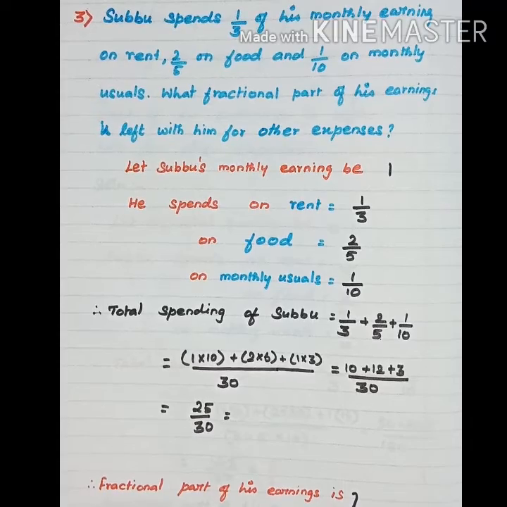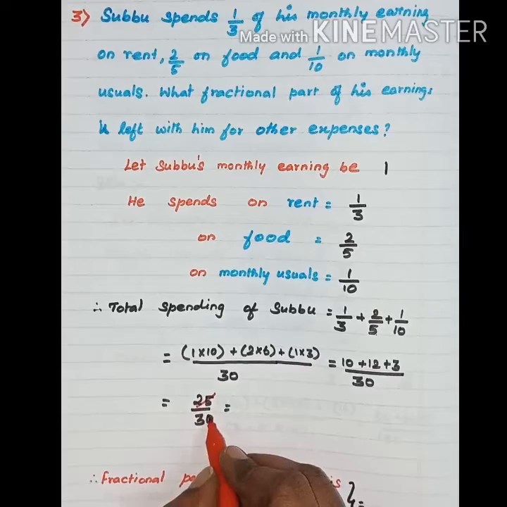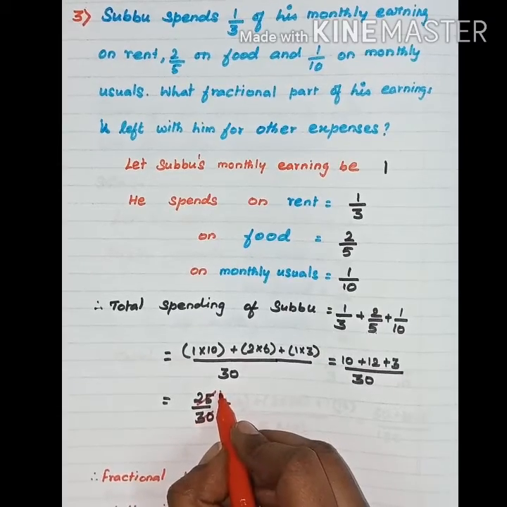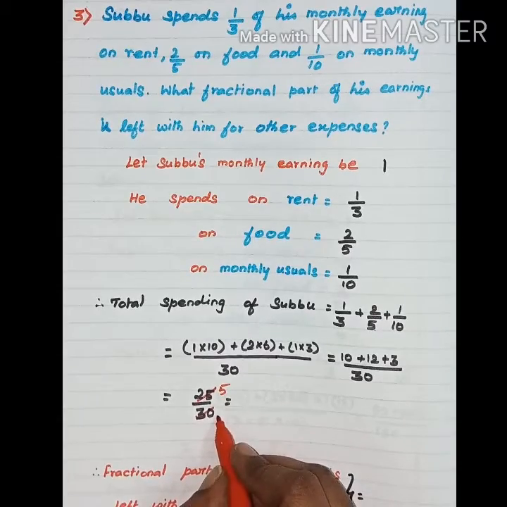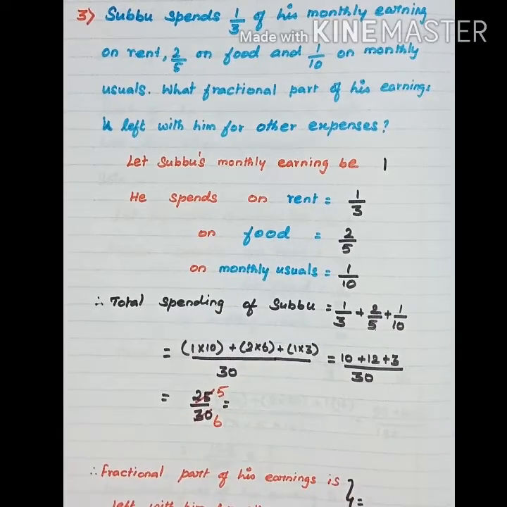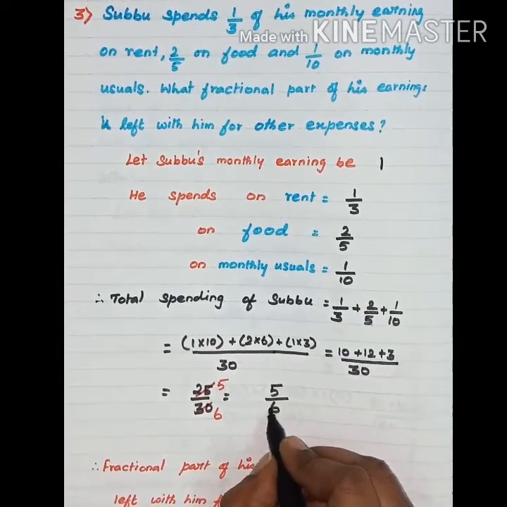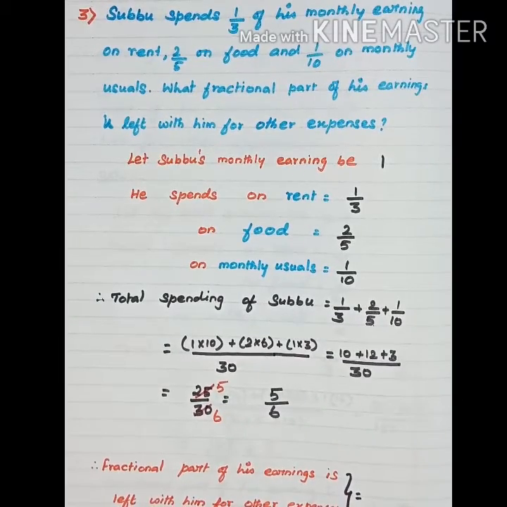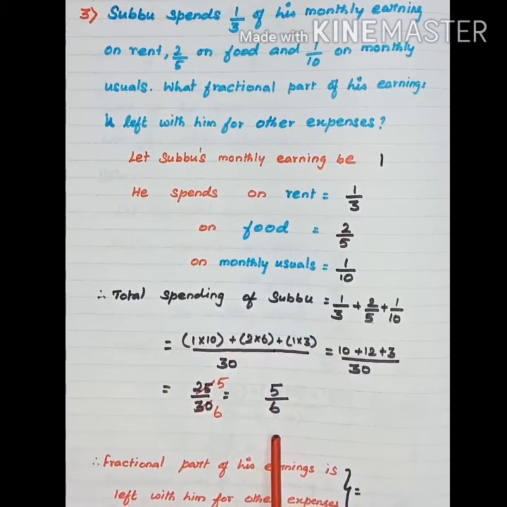We can cancel the numerator and denominator by 5. Divided by 5: 5 fives are 25, 6 fives are 30. So 5 by 6. The total spending of Subbu is 5 by 6.